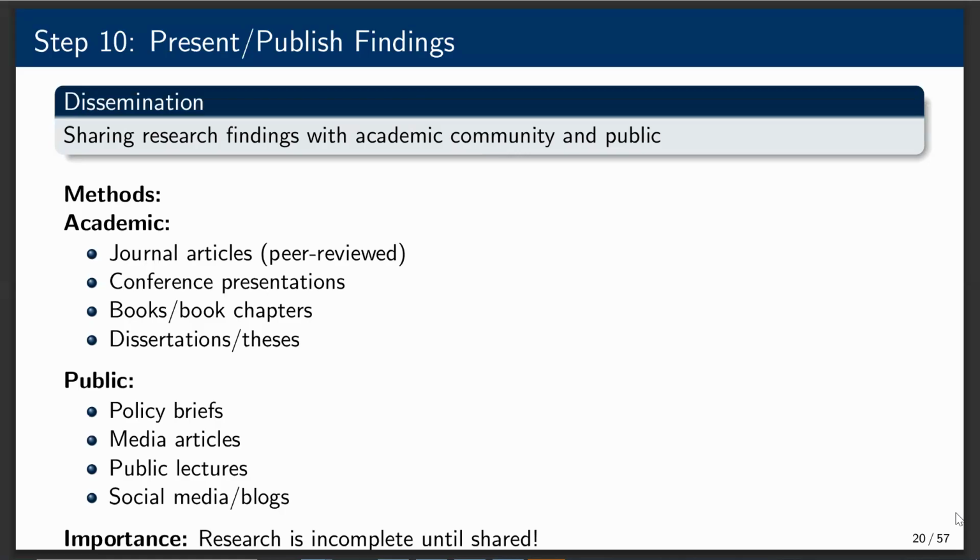And then in public, you can write policy briefs, media articles, public lectures, social media or blogs, right? So these are two different dimensions, or two different alternative methods through which you can share your results or findings, your research findings. So this step is very important, because research is incomplete until we share.